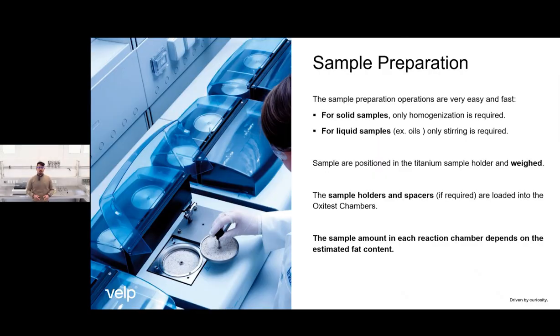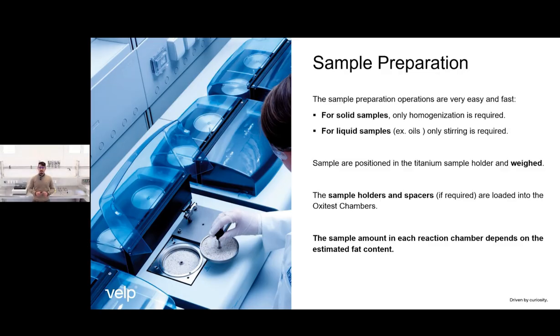The sample preparation with the Oxitest, as we will see later, is extremely simple and fast, without any previous fat extraction needed. In particular, for solid samples, a basic homogenization step is usually enough, while for liquid samples like oil, as you can see here, simple stirring is generally sufficient.